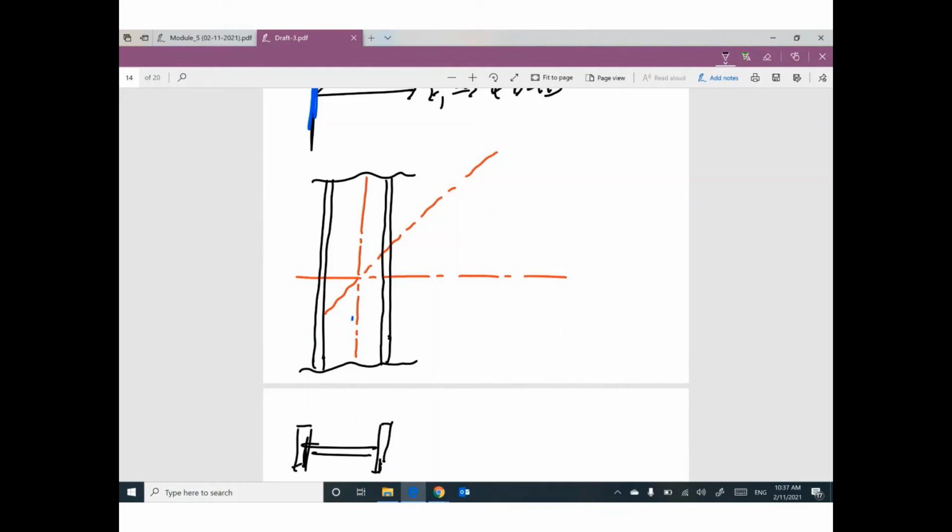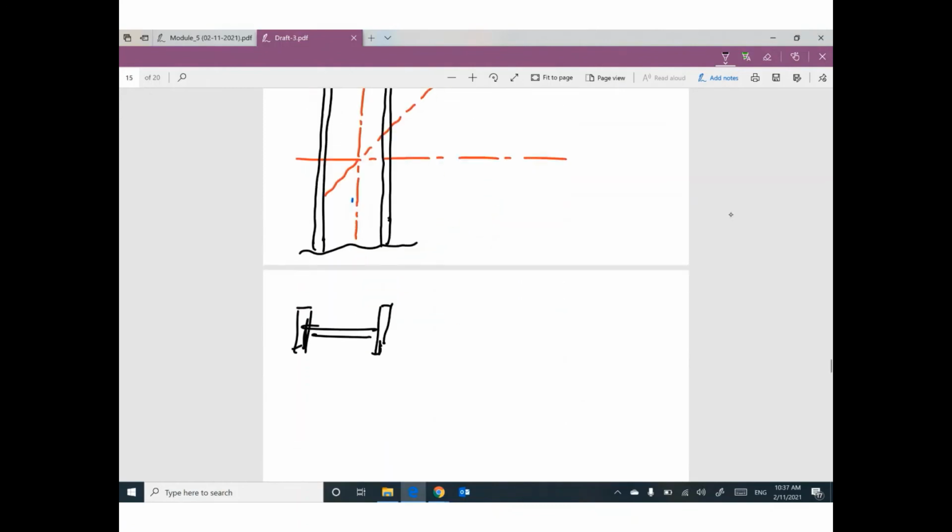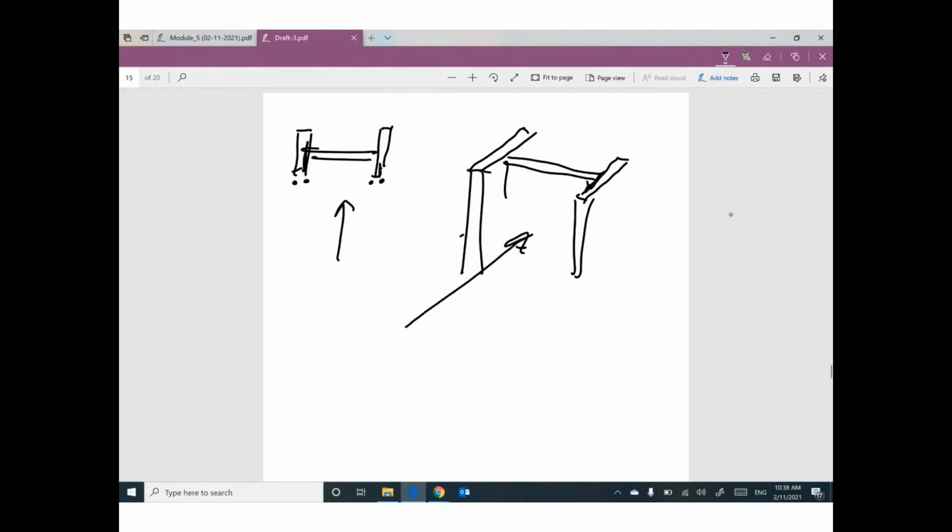This is the plan. If you are looking at elevation, you will see this line and this line, this line and this line. So it looks like this. If you are looking from this side, I will see these two lines and these two lines. That's it.